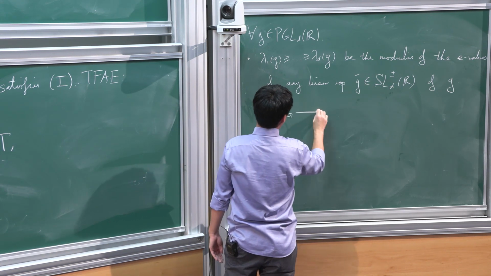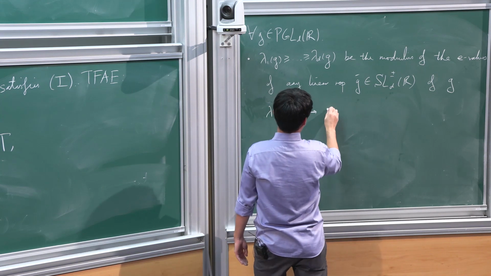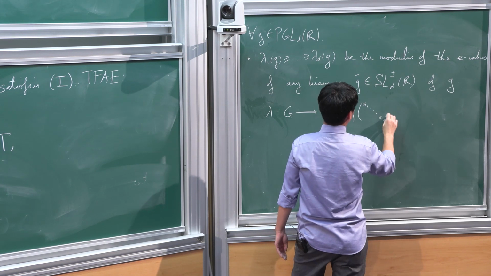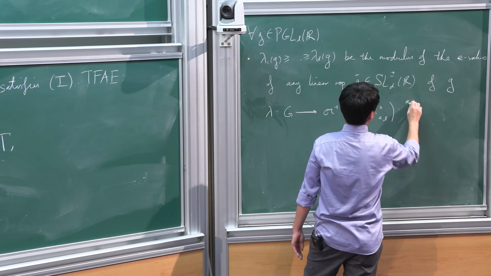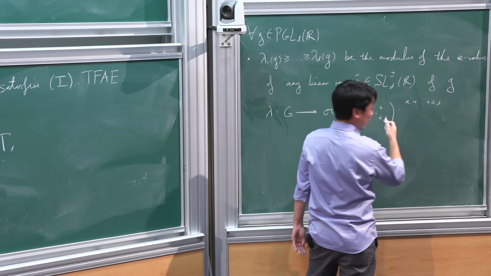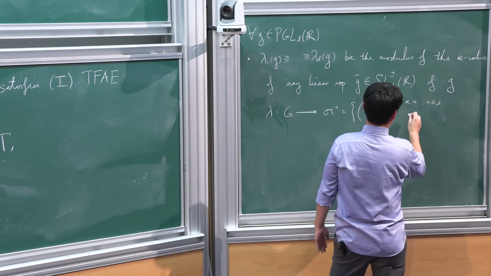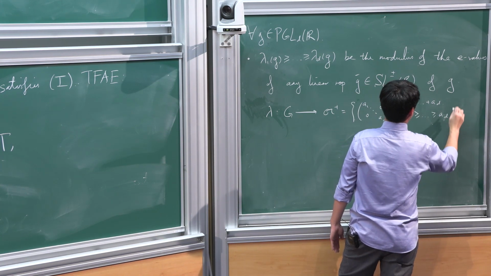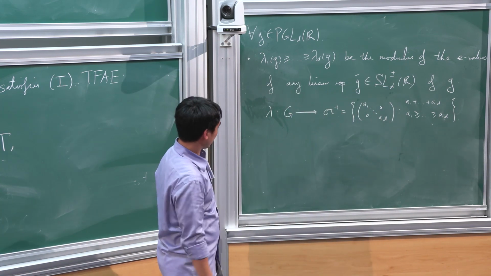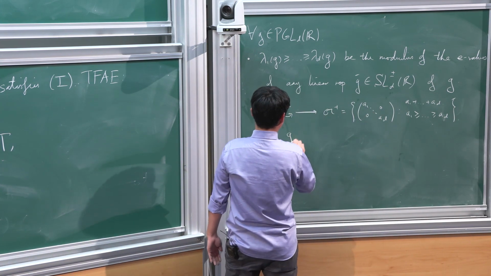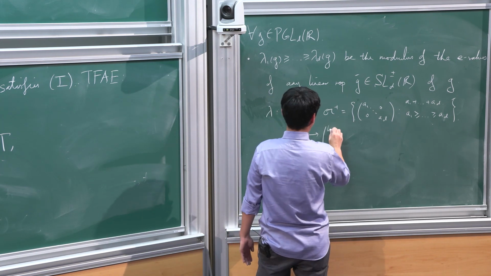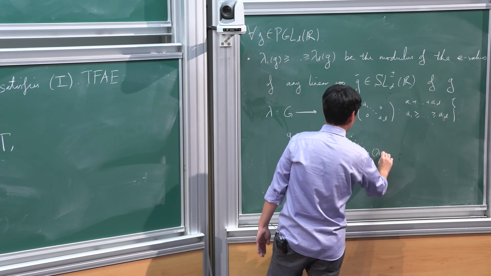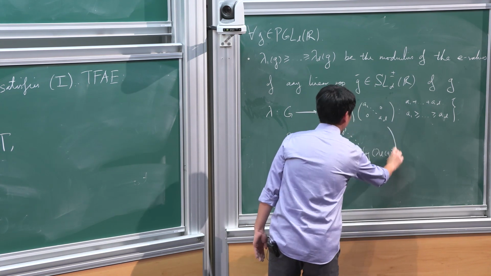If you define lambda from G to A plus, where A plus in this setting is the set of diagonal, traceless, real-valued matrices whose entries are weakly decreasing down the diagonal, and you take G and send it to the diagonal matrix with entries log lambda_1(G) to log lambda_d(G), this is the Jordan projection.